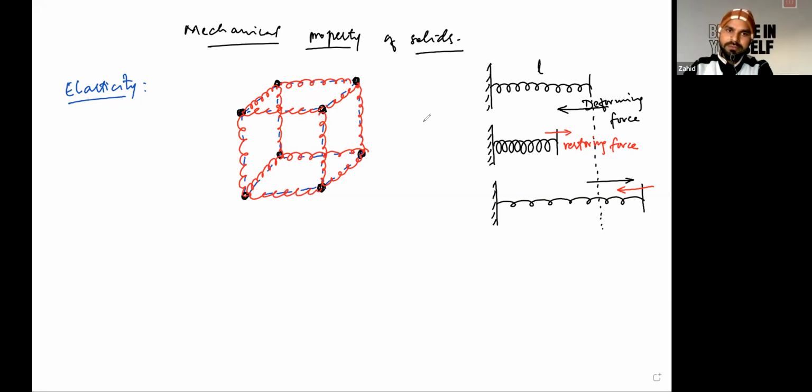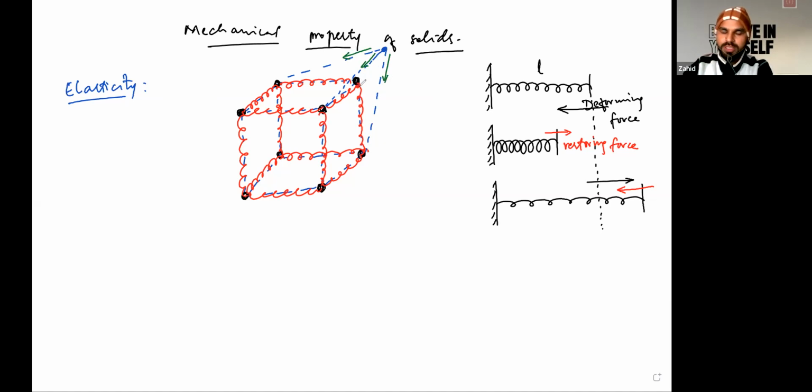If you apply any deforming force to this solid in one direction to deform its shape, let's say along this direction, the spring has the ability to develop a restoring force along this direction, which keeps this particle back to its original state.